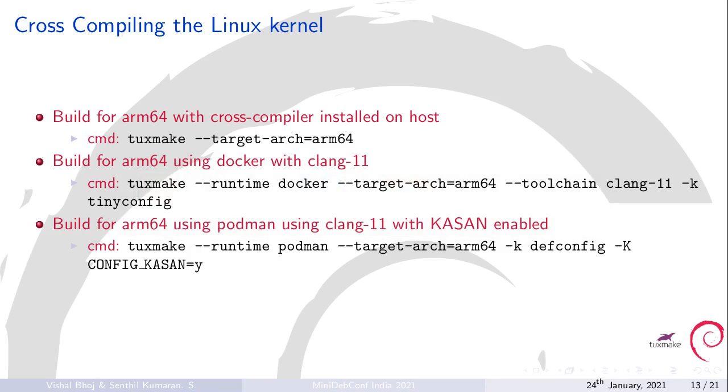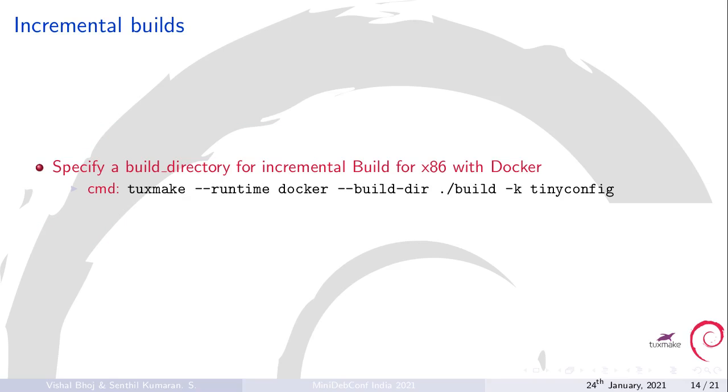Yes. We've just given some more options and the way we can do it with Podman as well. We'll go ahead with the Podman example in later slides. The one where I did it with the build directory, /build, will be the one where it is actually doing the incremental build.